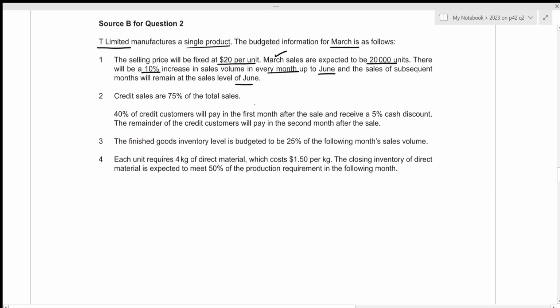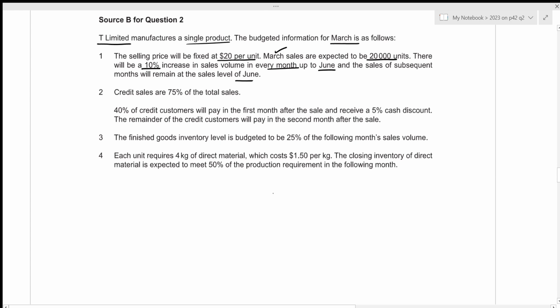Okay, let us first try and figure out the number of units sold from the month of March to the month of June. So that will be March, April, May, and June. And for the months after June, it will remain the same at the sales level of June. Okay, so these are the number of units for sales.